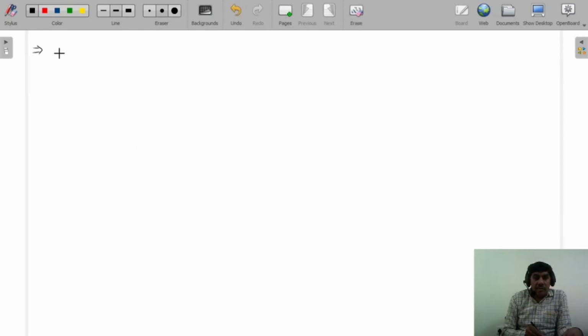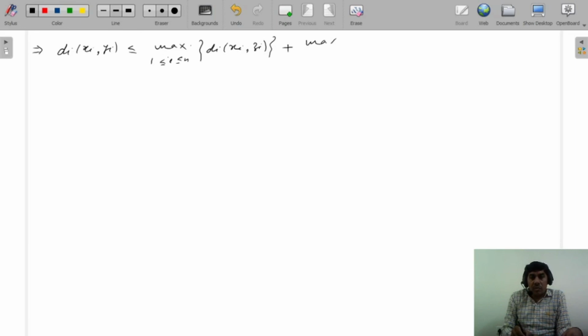This implies di(xi, yi) is less than or equal to maximum i varies from 1 to n di(xi, zi) plus maximum i varies from 1 to n di(zi, yi).